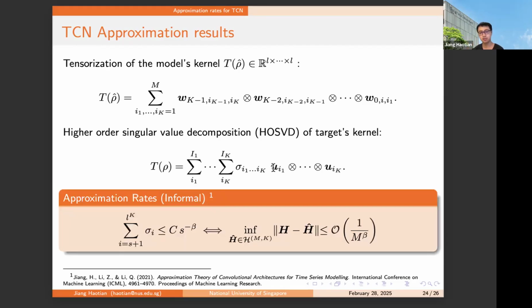So the informal approximation rate here says that if we assume the singular values have a certain decaying rate beta, the approximation error using the convolution net has this rate, where m is the number of channels and beta is the decay rate of the singular values.